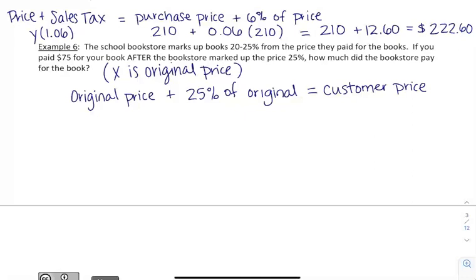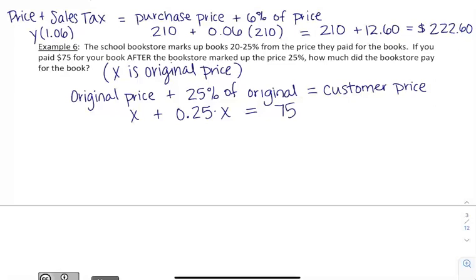So now that we have this summarized, we can start to put in some things that we know and we don't know. We don't know the original price, so we'll have to leave that as X. 25%, 0.25 of, we're multiplying, but we're multiplying by something we don't know, so we'll leave that X. And then it will equal the customer price. We know that was 75.